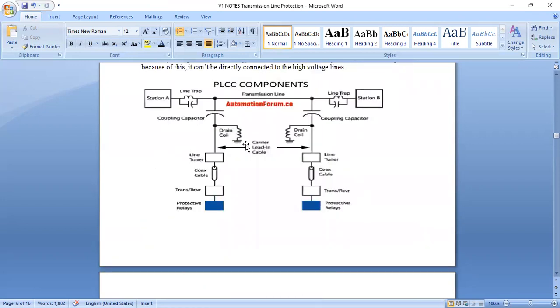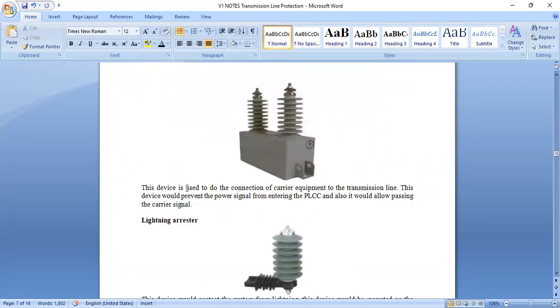There are two coupling capacitors we have to connect here. This coupling capacitor looks like this. This device is used to make the connections of carrier equipment to the transmission line.